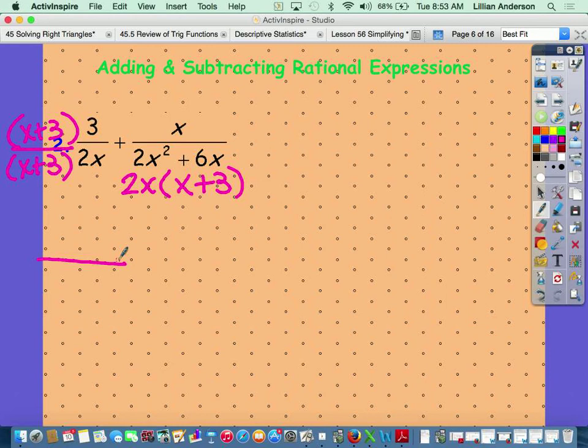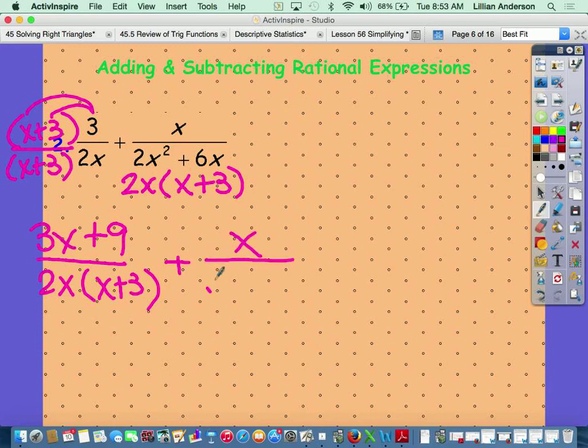Now let's multiply. 3 times x plus 3 gives me what? 3x plus what? 9, because you distribute. At the bottom, I'll have a 2x times x plus 3. And I did nothing to the other fraction, so that stays the same.